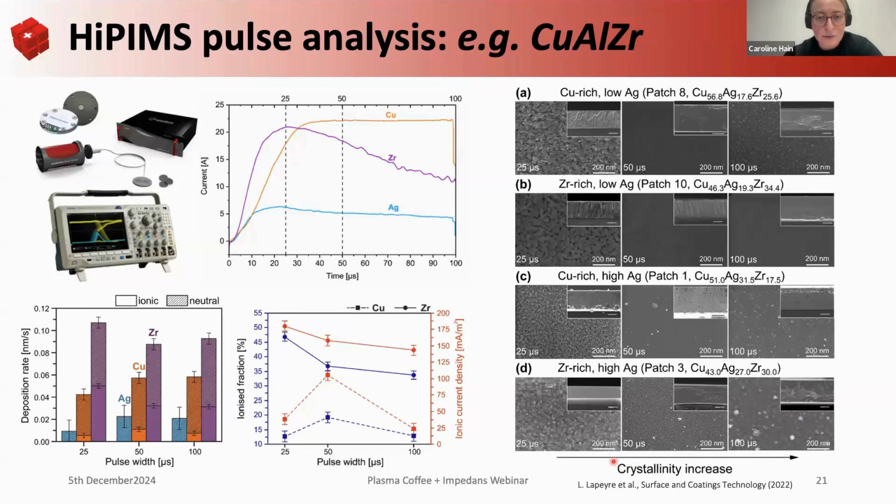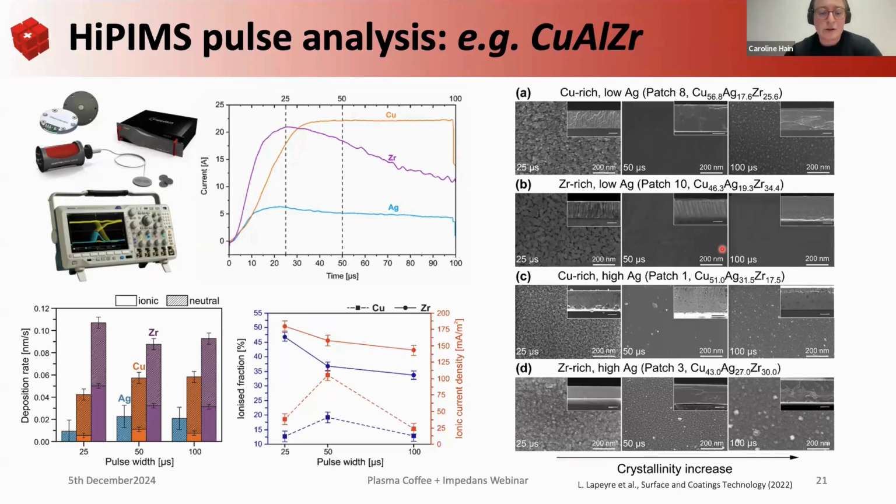We can change the crystallinity, going from something more amorphous to actually crystalline. We can also have either a very porous material or very compact films with smooth surfaces. So by linking the information that we gain from our in situ diagnostics, we can actually tune our films.